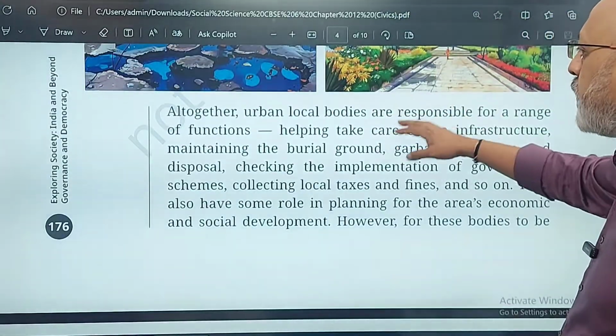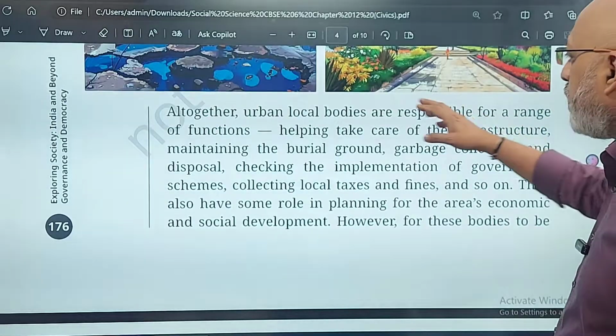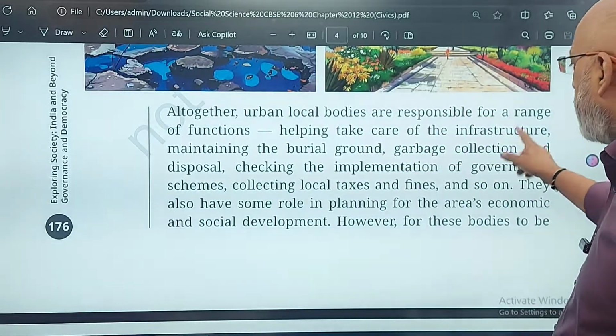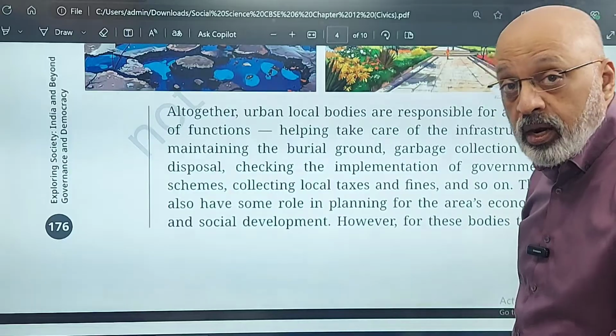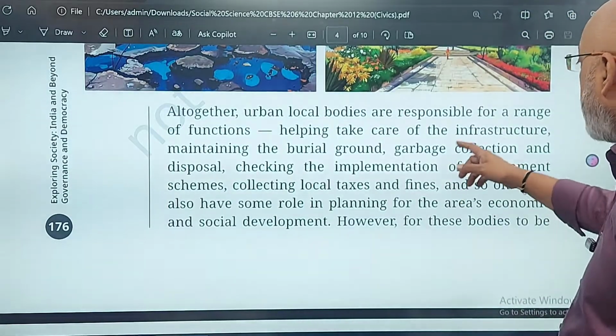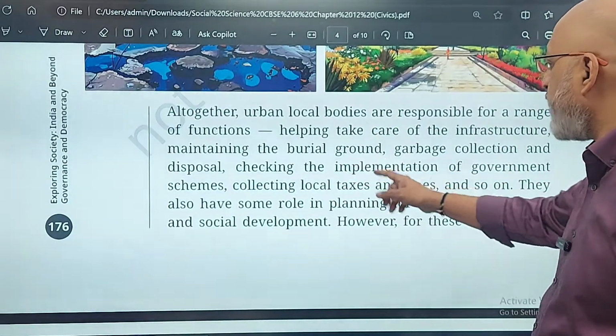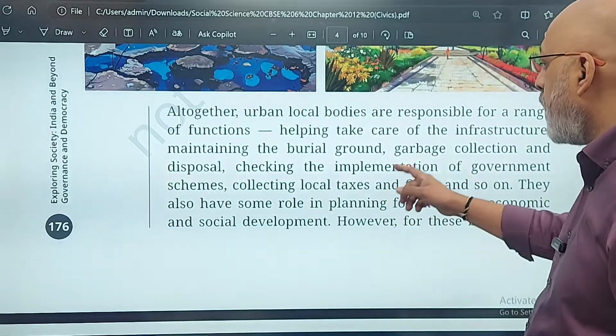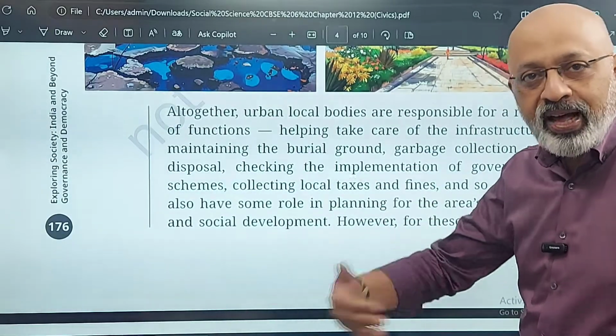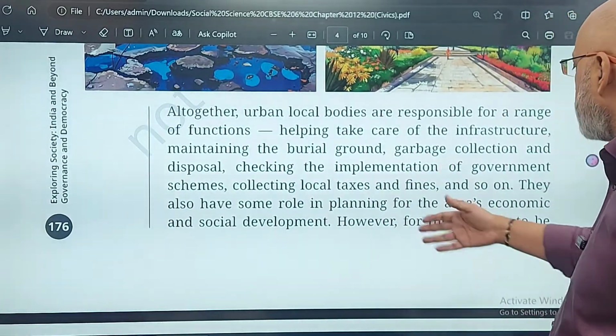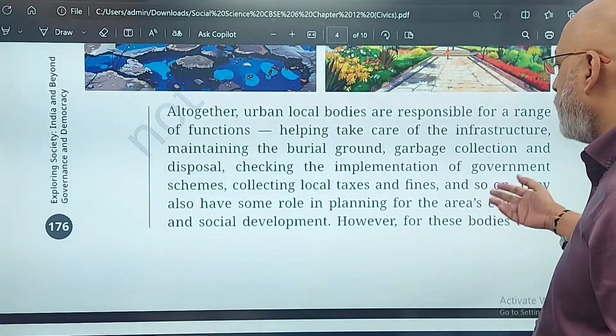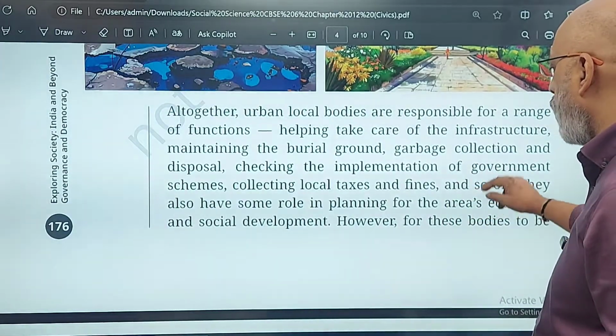So altogether, urban local bodies are responsible for a range of functions, helping take care of the infrastructure, the burial ground, graveyard, garbage collection, disposal, checking the implementation of government schemes, collecting property tax, local tax, power bills, etc. So they have a role to play in doing all this.